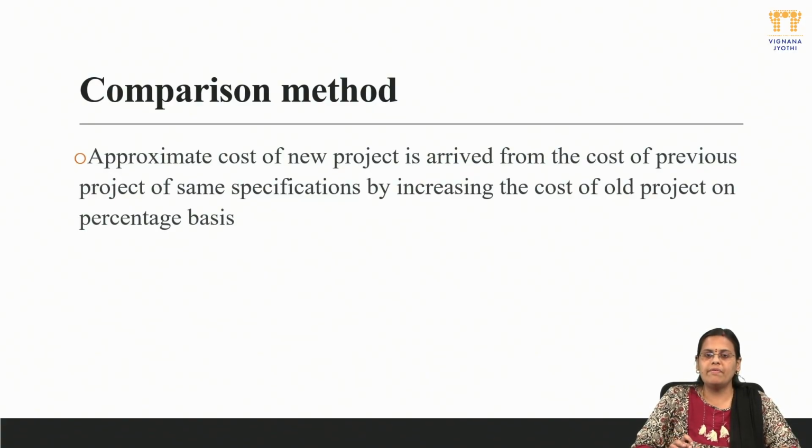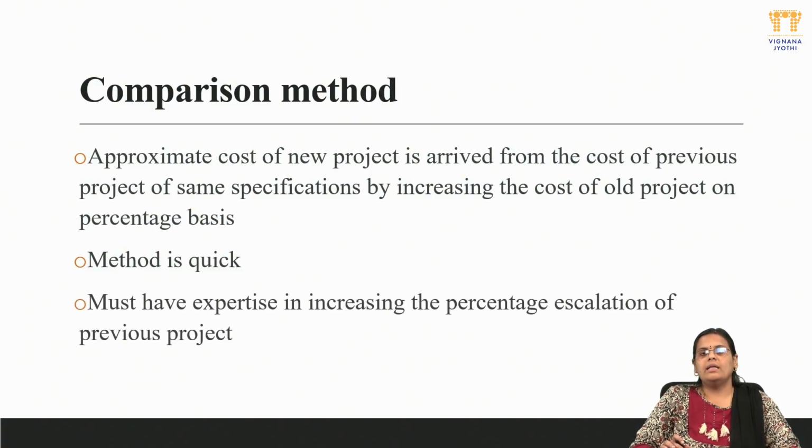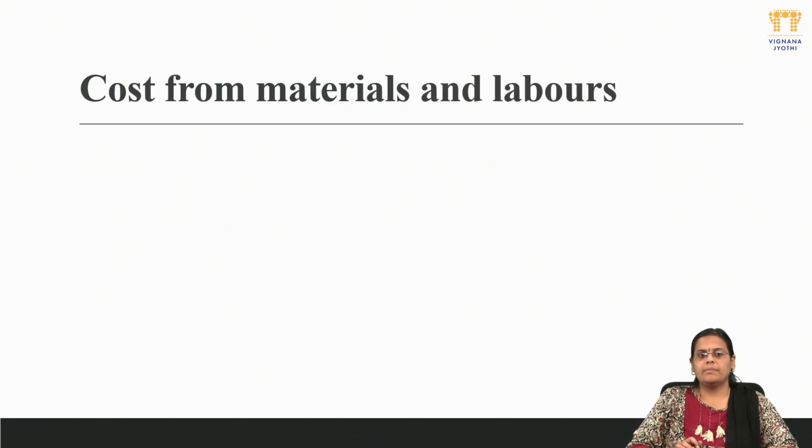Then using the previous cost, you can arrive at the new cost, and you need to provide some provision for the cost escalation at the prevailing market rate. This method is also very quick, but you need the expertise in increasing the cost of construction as per the prevailing market rate. Once you know the rate of escalation in material and men, then you can easily work out the approximate cost of your new construction by comparison method.